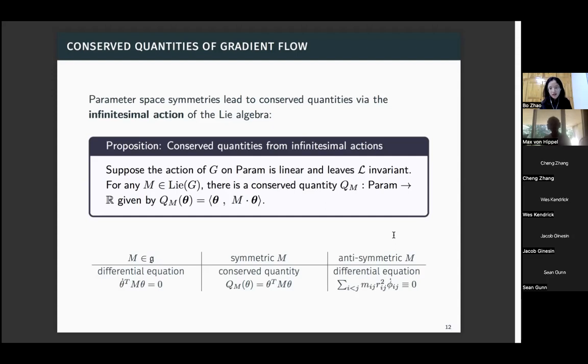But when m is anti-symmetric, this conserved quantity will always evaluate to 0, so it's not very informative. But in that case, we can rewrite that differential equation so that it resembles the conservation of angular momentum. Here in the third column, r and phi are the polar coordinates of theta. So this is like the angular momentum of a two-dimensional subspace of the parameter space, summed over all those two-dimensional subspaces.